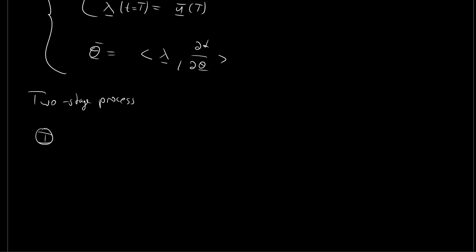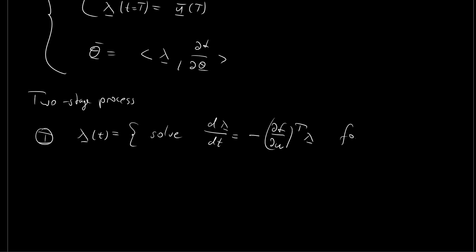Stage 1 will be that lambda of t is given as: solve d lambda by dt is equal to minus df by du in brackets transpose times lambda, for lambda of t over the time horizon t in 0 and capital T. Or maybe more precisely, we should say that this is kind of flipped here.